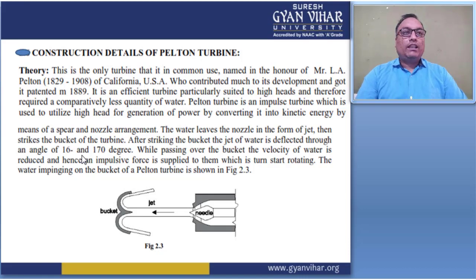The Pelton turbine is an impulse turbine which is used to utilize high head for generation of electricity by converting the kinetic energy by means of a sphere and nozzle arrangement. So this is the sphere and this is the nozzle arrangement, and the water leaves the nozzle in the form of a jet, then it strikes the bucket of the turbine, and all the buckets are connected on one circular periphery of the turbine shaft.